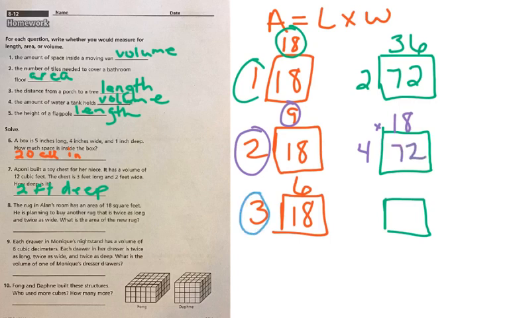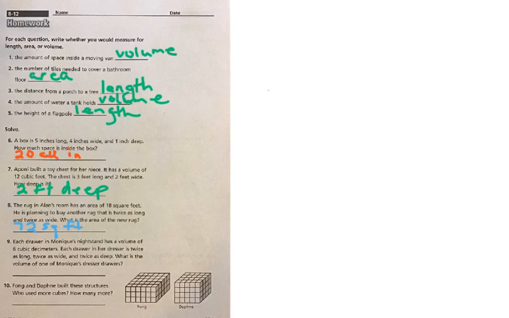Same thing down here. If I double my 3, it becomes a 6. I double my 6, it becomes a 12, and 12 times 6 is equal to 72. So I know that the area of the new rug is going to be 72 square feet, which is SQ, and then feet, square feet.